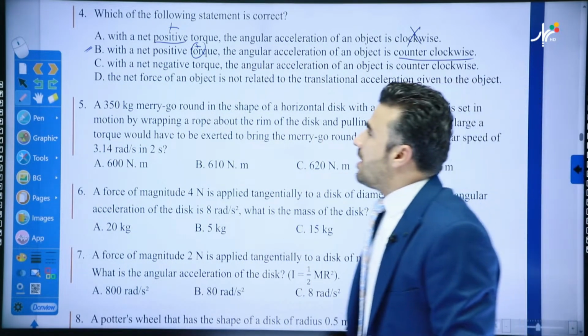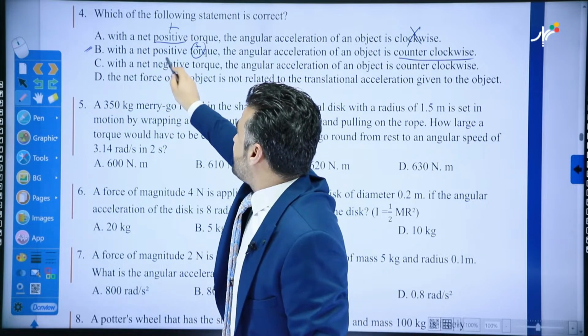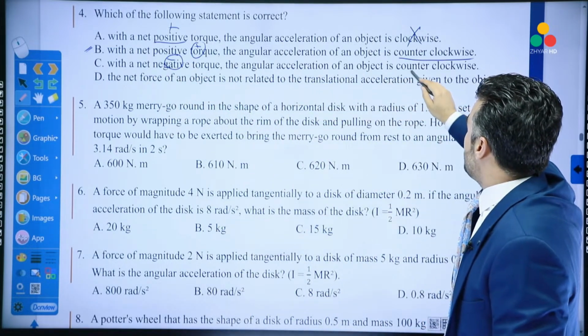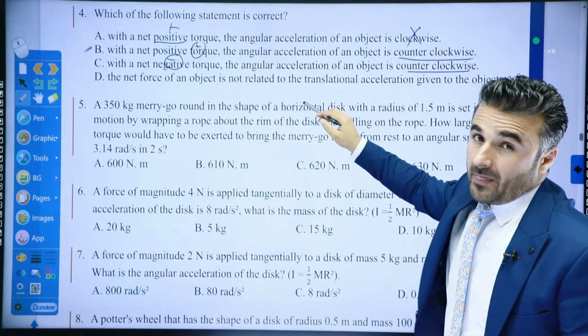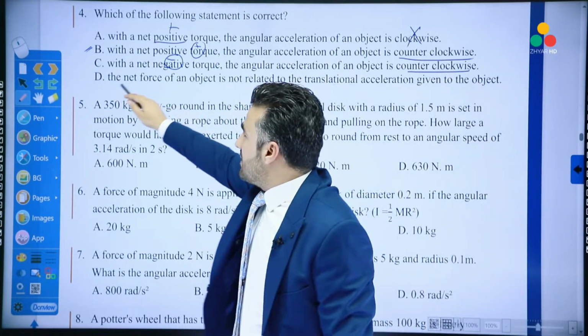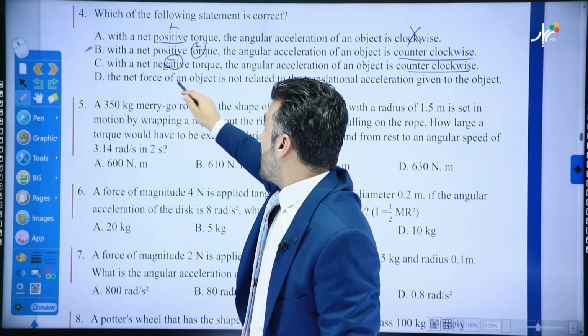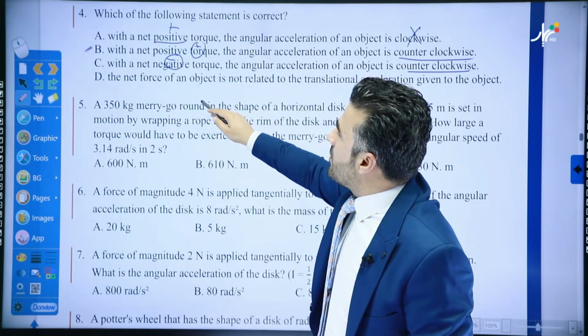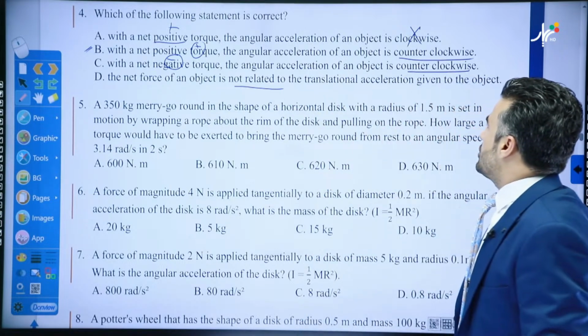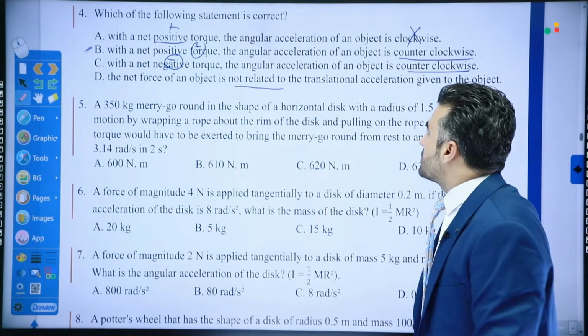All right, what about the other options? With a net negative torque, the angular acceleration of an object is counterclockwise. No. If it is negative, it has to be clockwise. D says the net force on the object is not related to the translational acceleration given to the object.